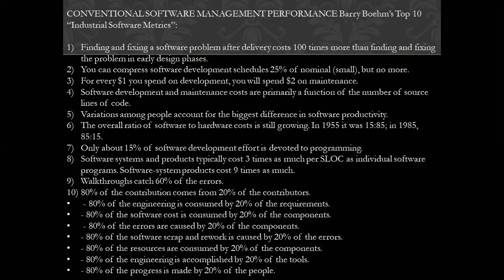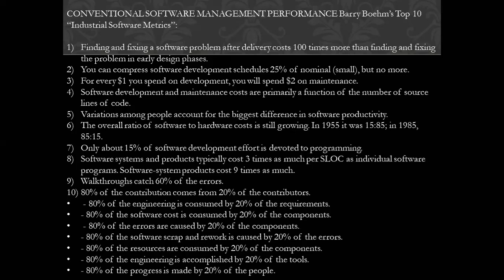See the difference, 100 times more, it is too much. So obviously it is better to be ready for the defects and problematic areas in the early design phases, early coding phases.